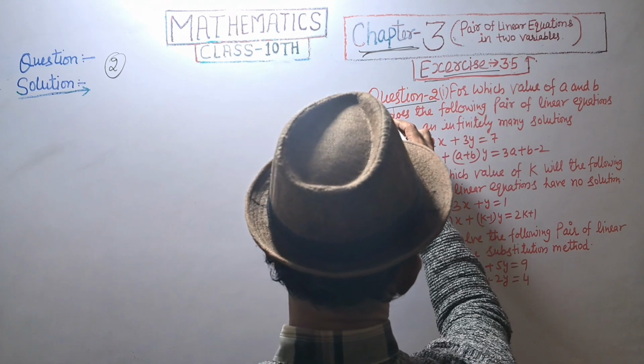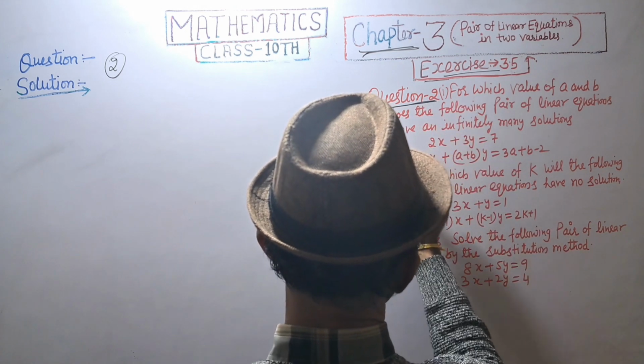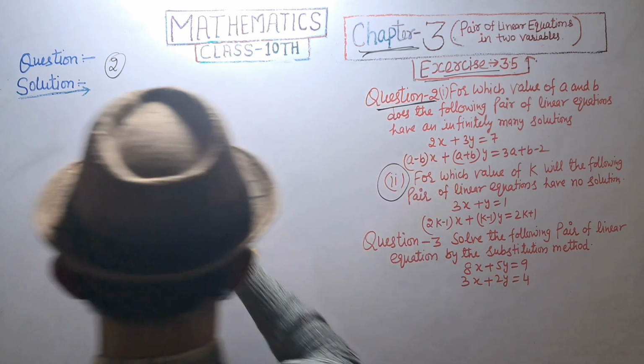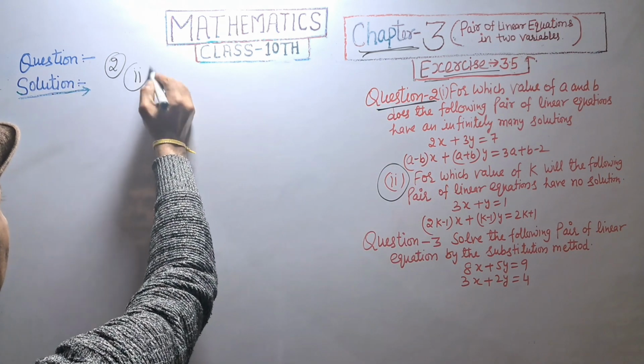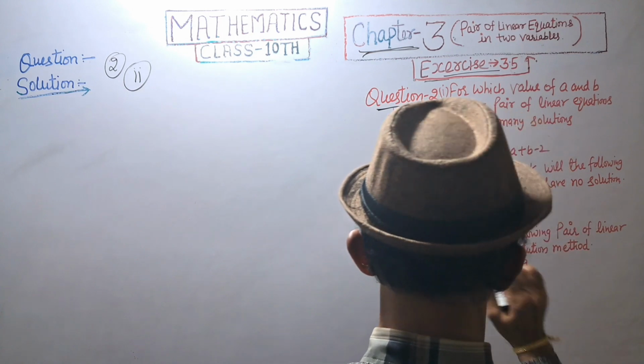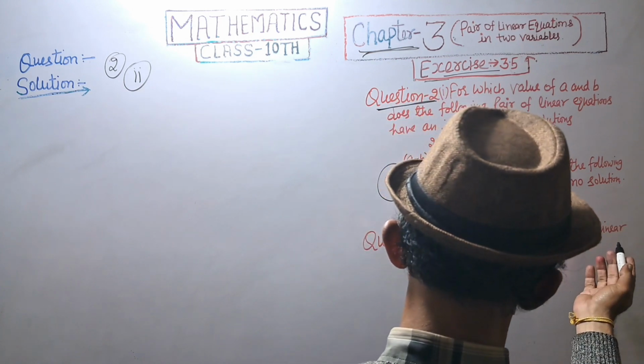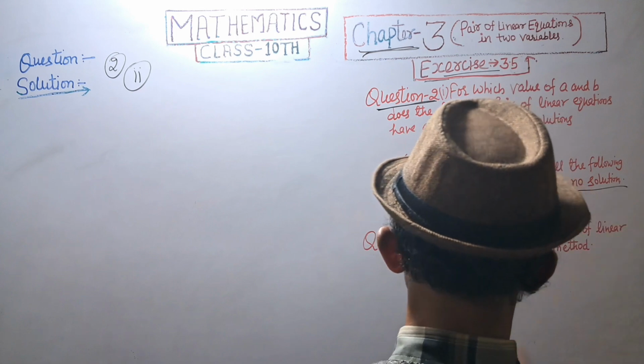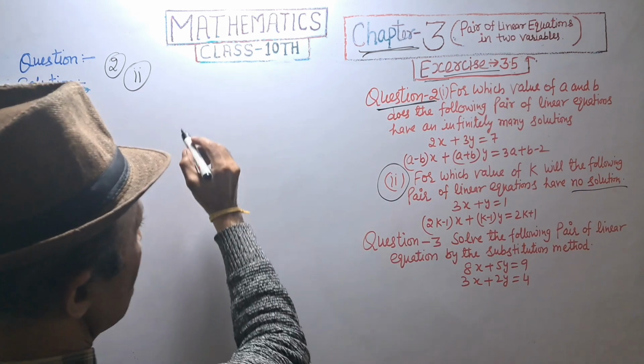Answer. Question number second part. For which value of k will the following pair of linear equations have no solution?